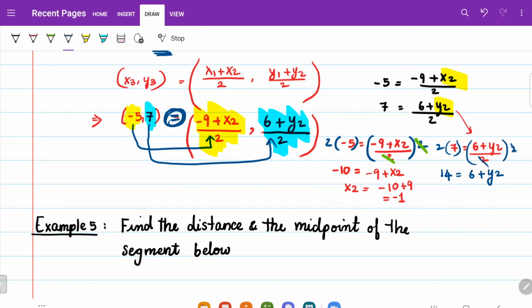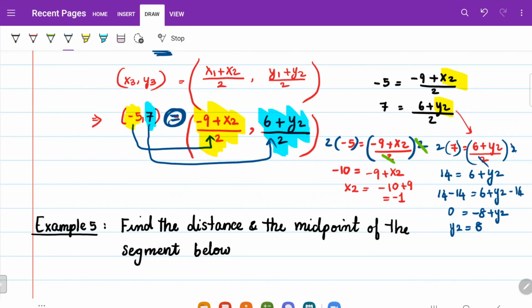Then you subtract 14 from both sides. Then you have 14 minus 14 equals 6 plus y2 minus 14, which is 0 equals minus 8 plus y2. And y2 equals 8. You get this by adding 8 on both sides.